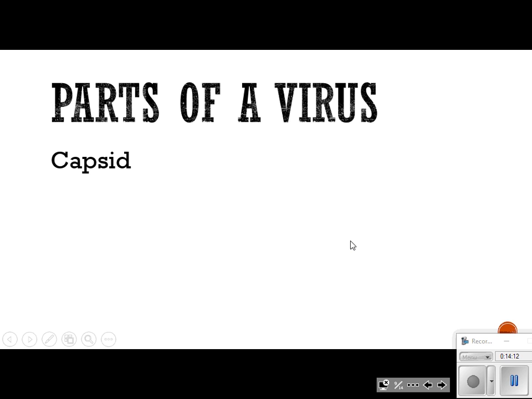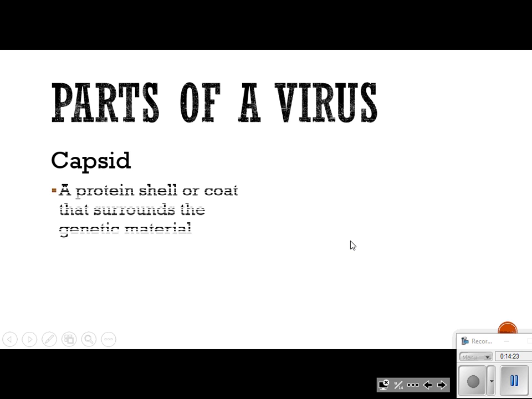Let's talk about the capsid. The capsid, first of all, if you would lift your parts of the virus up, you have notes under there. Your notes start with a protein shell or coat that surrounds the genetic material. So these capsids are made of proteins.